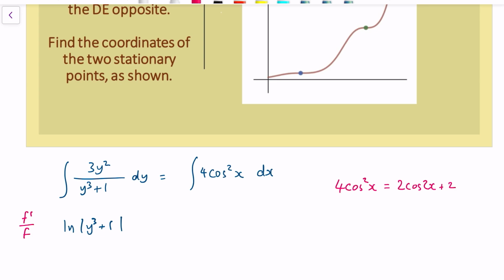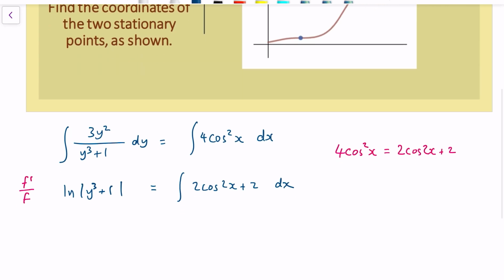And so we can replace this right hand side integral by integrating 2 cos 2x plus 2, and then that's something I can integrate. 2 cos 2x just anti-diffs to sine 2x, and then the 2 anti-diffs to 2x, and then we'll put a plus c on eventually.